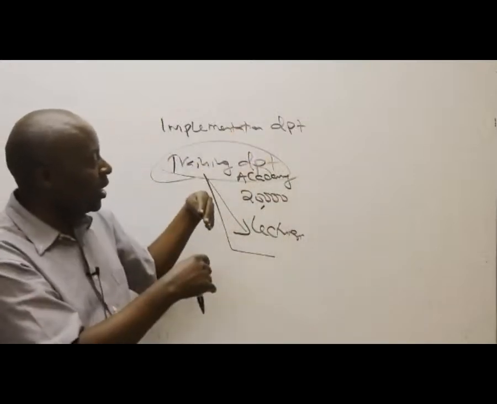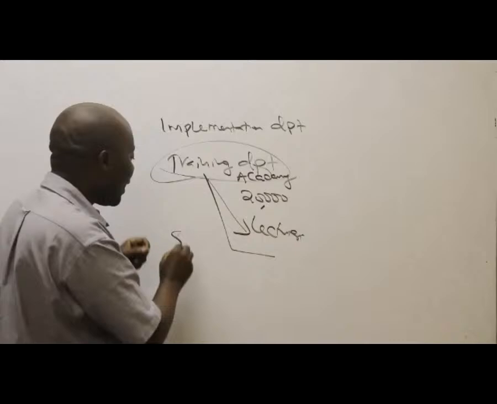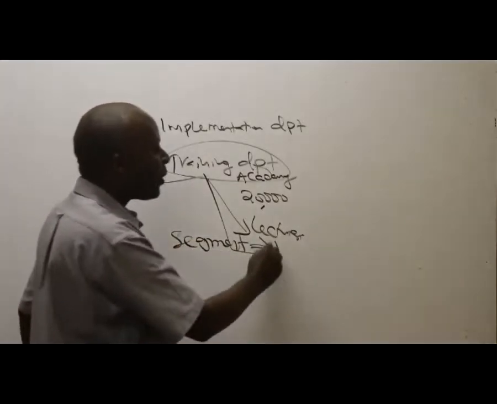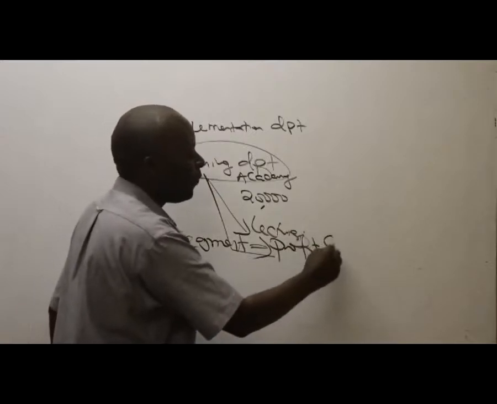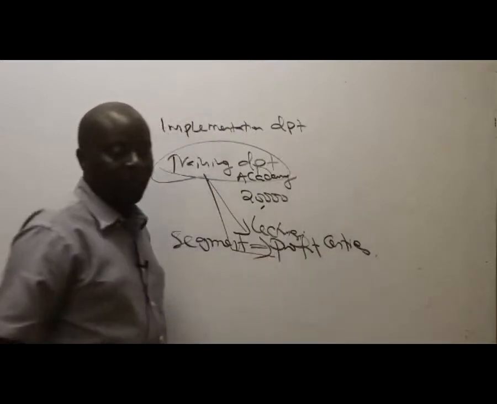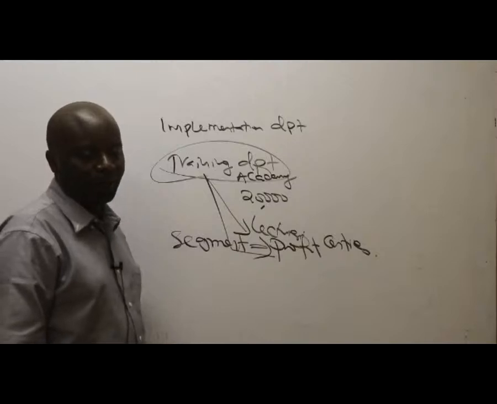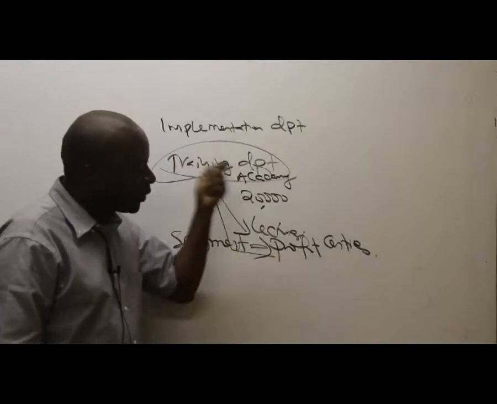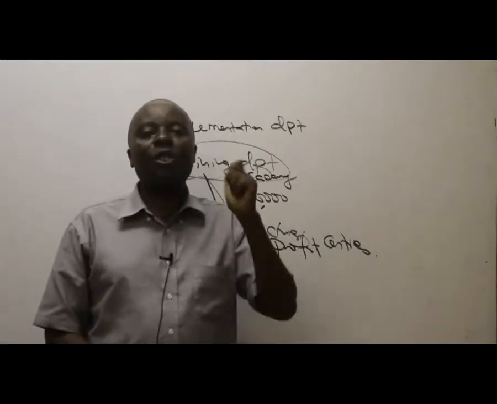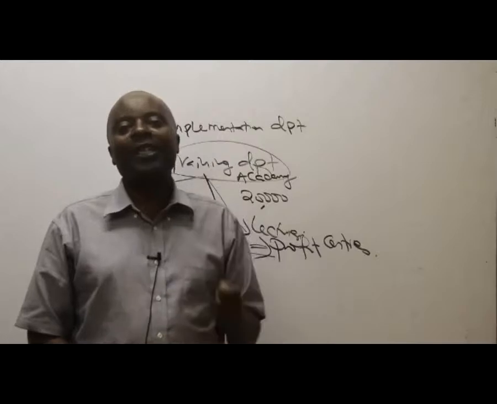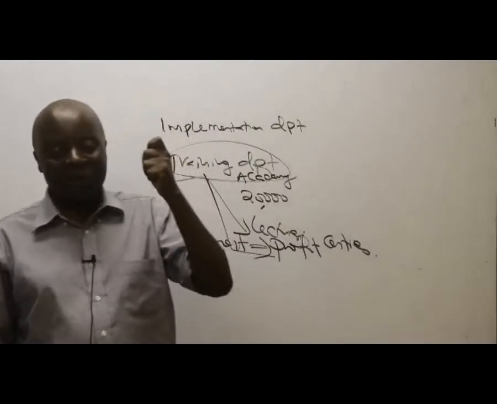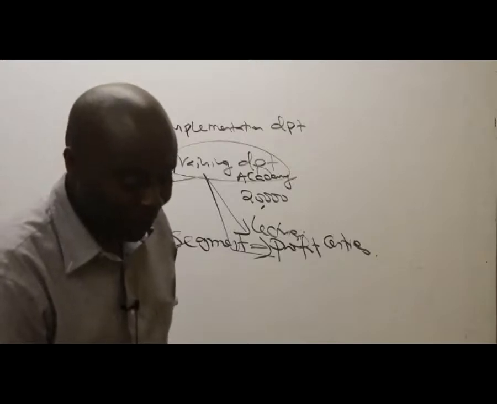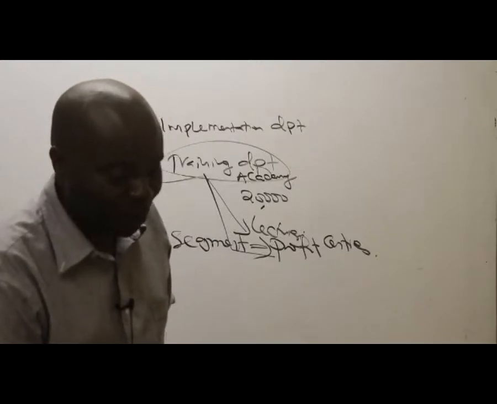For us, ladies and gentlemen, for those of you who are doing advanced management accounting, our segments are supposed to be profit centers. They're bringing in revenue, we are incurring cost, and then we have the concept of the chief decision maker, the chief decision making organ. Ladies and gentlemen, we continue with this. Those theories are very important to you. You'll be able to see when you go to your past papers.